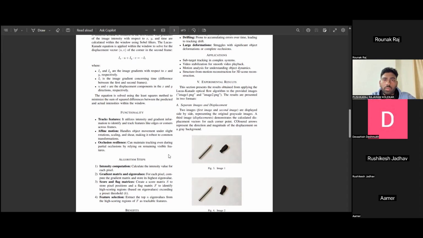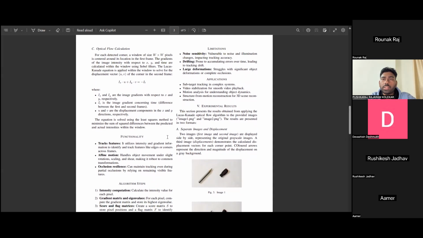The next part of our research will be about utilizing the optical flow calculation. As we have seen the equations earlier, we will try to demonstrate that logic using programming in Python. First, we detect the corner window of size W by W pixels centered around the location in the first frame.